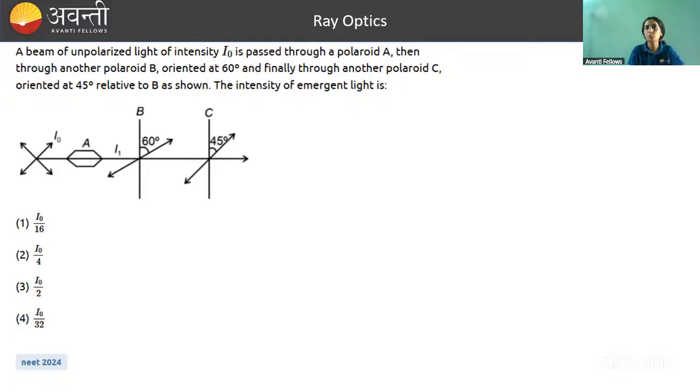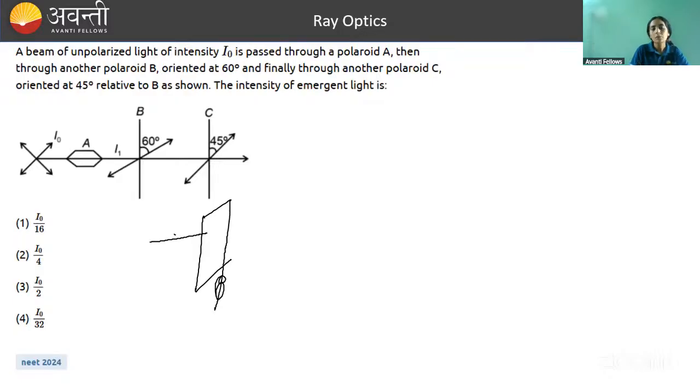So this question is from Malus' law. Malus' law says that if you have a Polaroid of any shape, let's say like this, and you are allowing polarized light to fall on it. Always remember, Malus' law we use for already polarized light to polarize it further.